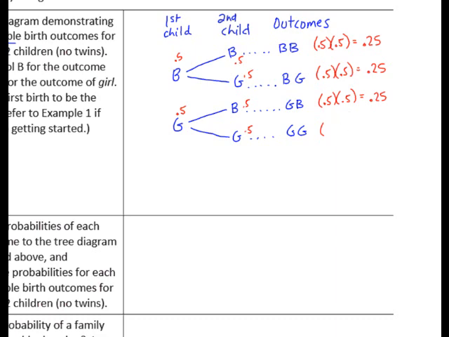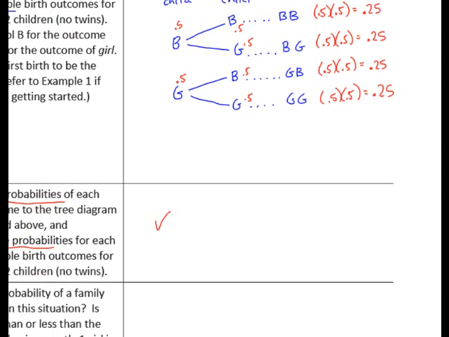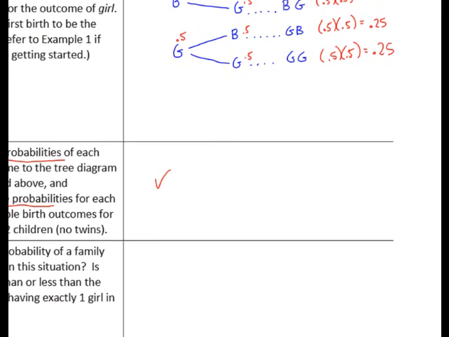So that's 0.5 times 0.5, which is 0.25. All right, so we wrote in the probabilities and we determined the probabilities for each of the 4 possible birth outcomes. Part 3. What is the probability of a family having 2 girls in this situation?